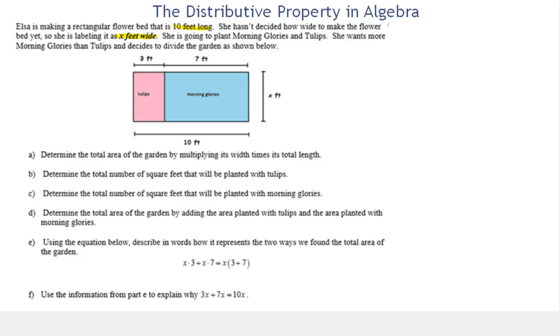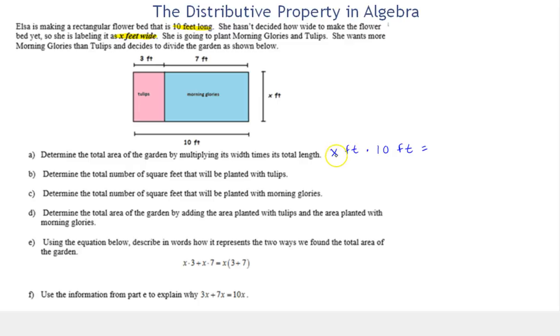So the first problem says, determine the total area of the garden by multiplying its width times its total length. Okay, so its width is x feet, and we want to multiply by 10 feet. Now remember in the last problem, this x was 4, we had a specific value.